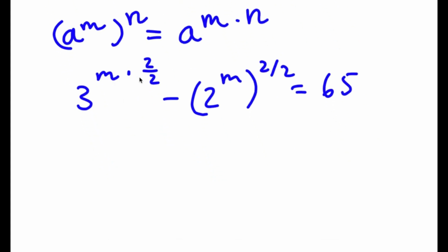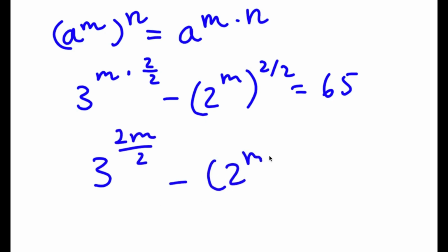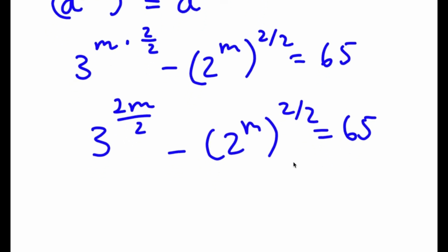Now, m times 2 over 2, that is equal to 2m over 2. So I have this minus 2 to the power of m to the power of 2 over 2 is equal to 65.